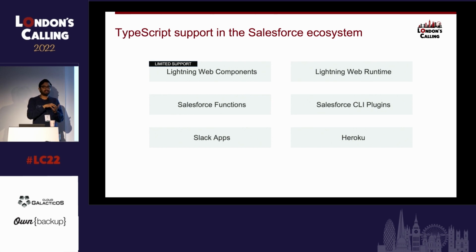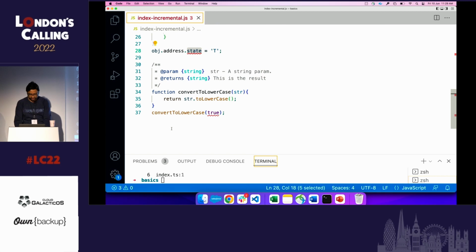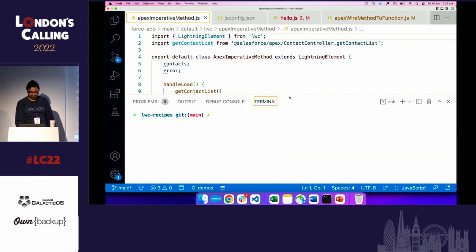So on the child you declare a property to be just a string, but from the parent if you pass a number, you can't validate that using Lightning Web Components, which is why we say the support is limited. But within a single component, you can use JSDoc comments in order to get the type system in Lightning Web Components. So we are going to look at that with an example.